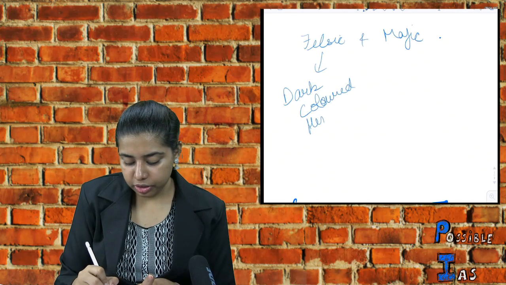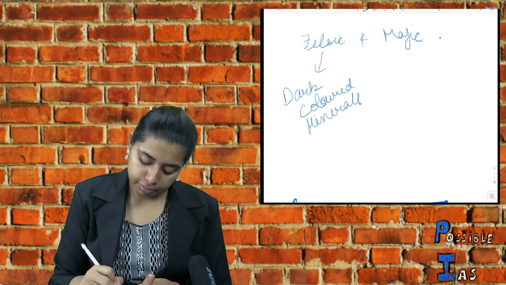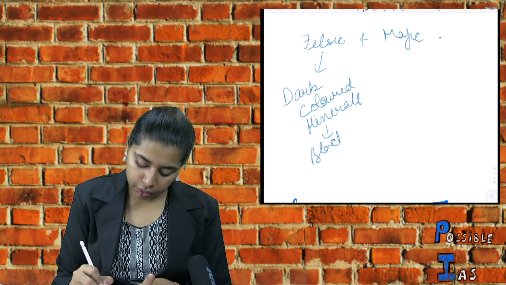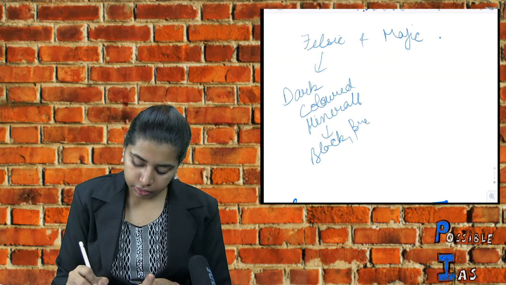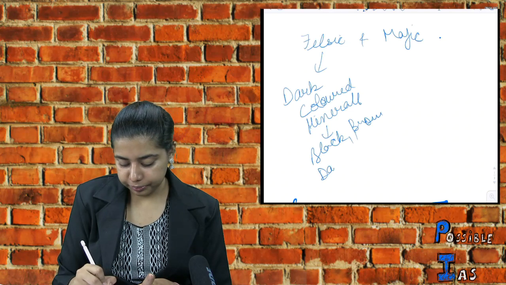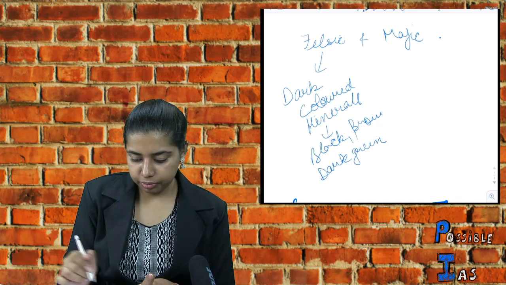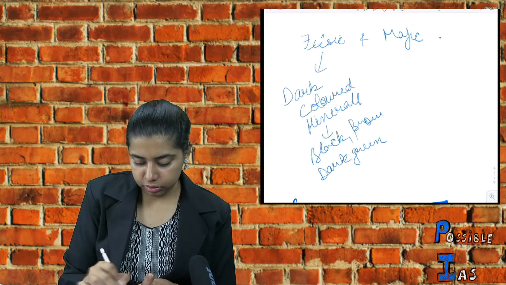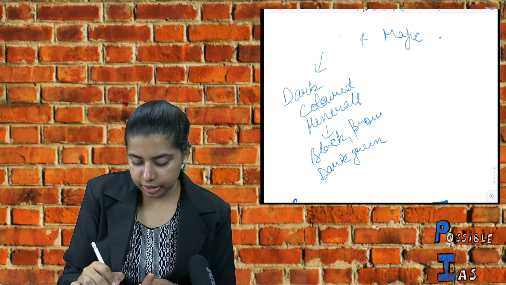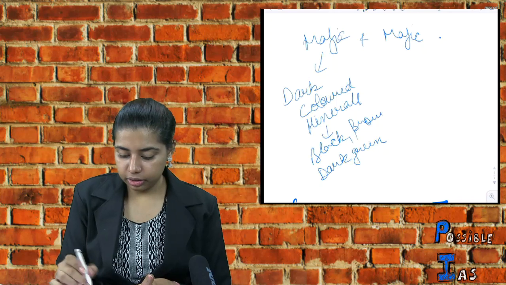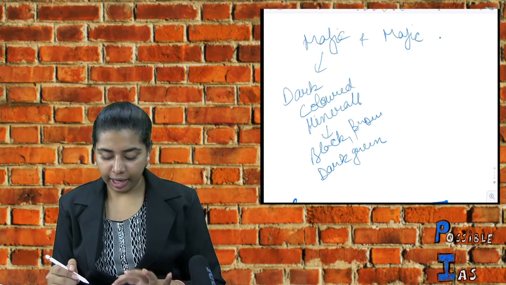They have different dark colors, like black, brown and dark green.